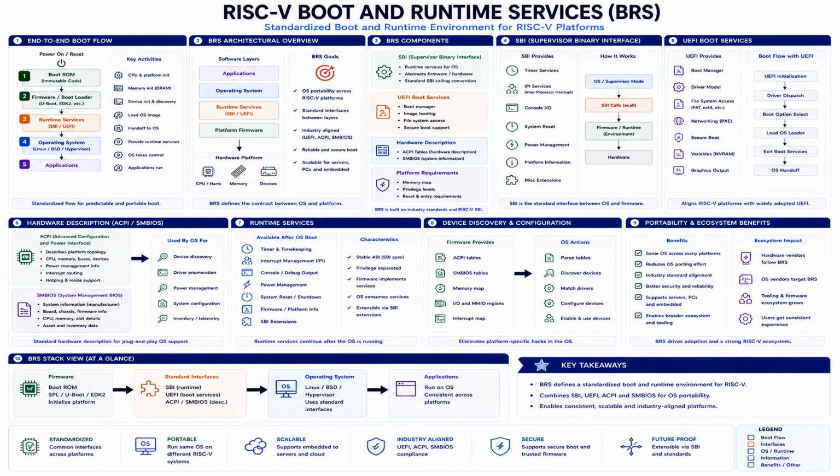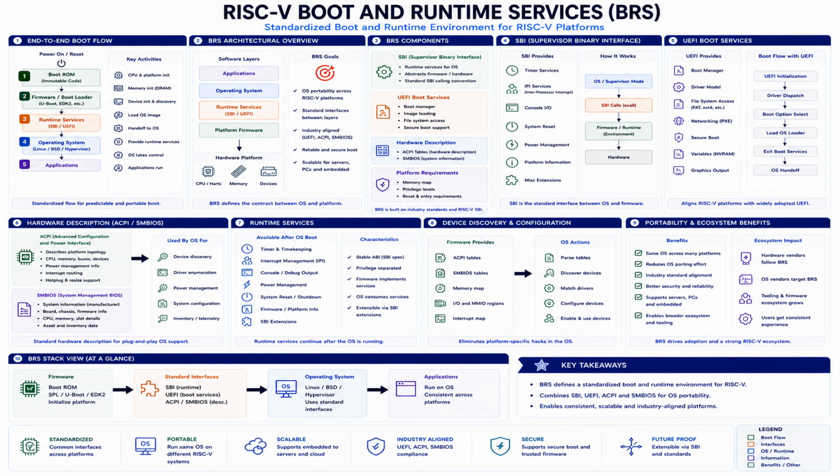These pieces are: first, a well-defined memory map that tells every component where it can read and write. The second piece is a clearly delineated privilege level, ensuring that only authorized code can perform sensitive operations.